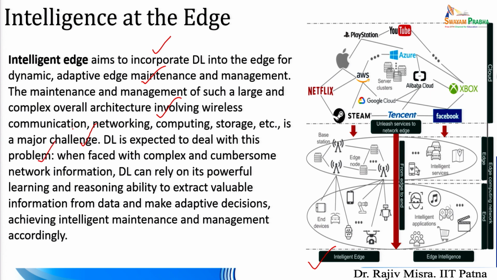When faced with complex and cumbersome network information, machine learning can rely on its powerful learning and reasoning ability to extract valuable information from the data and make adaptive decisions, achieving intelligent maintenance and management accordingly.